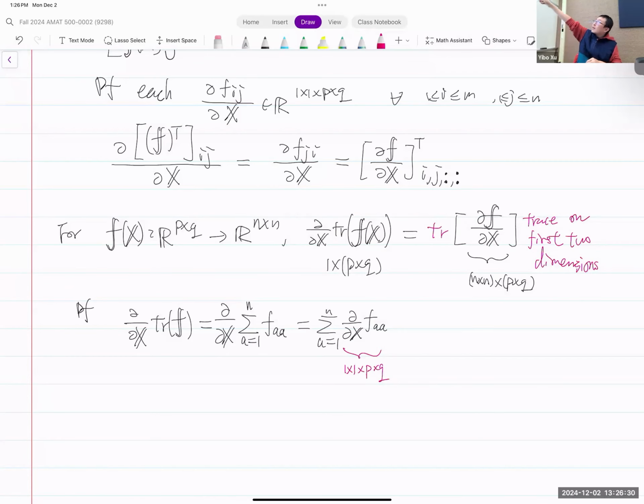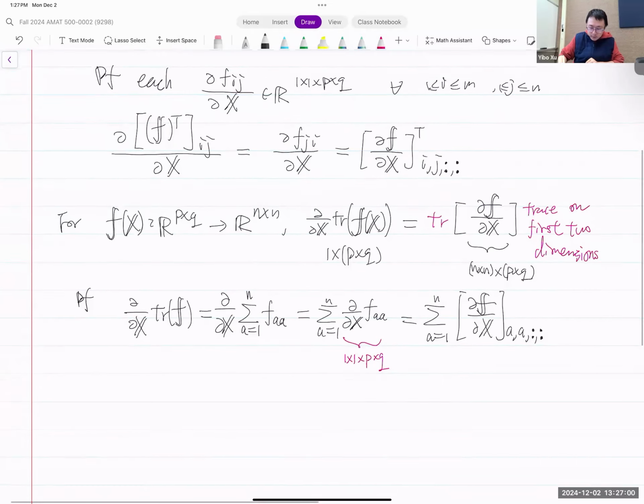That's exactly what it means to do the trace on the first two dimensions of the tensor, because here a goes from 1 through n. So this is del f del x choosing a, a, colon, colon, running through the third and fourth dimensions. That's exactly doing the trace on the first two dimensions.